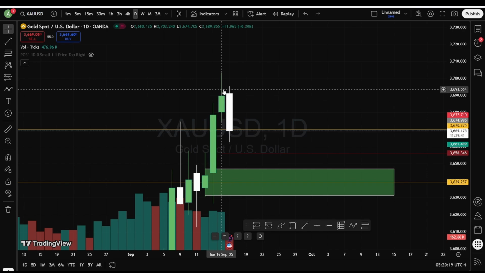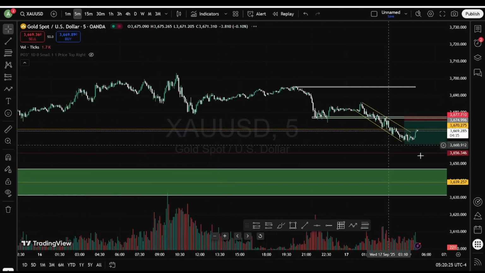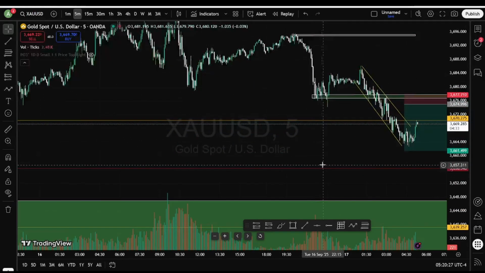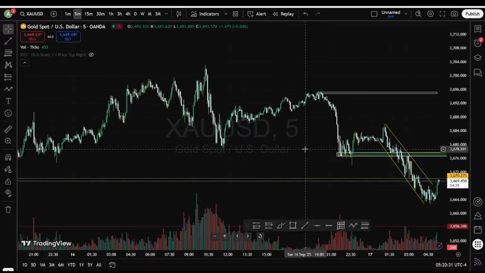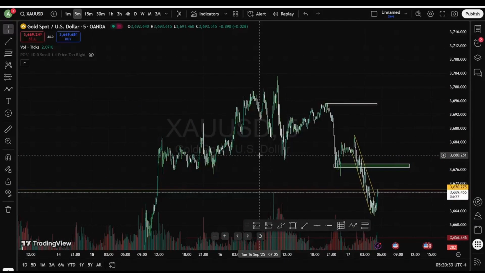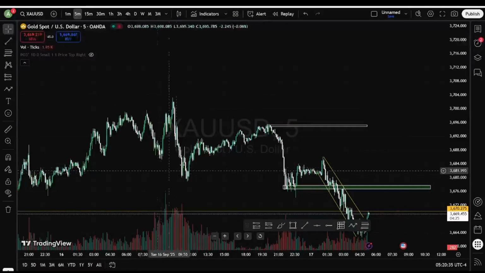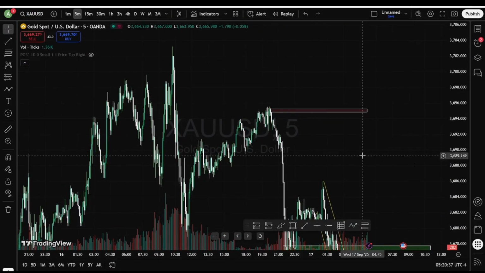So if we switch to 5 minutes, here we can see what is happening in gold. This is the previous day.